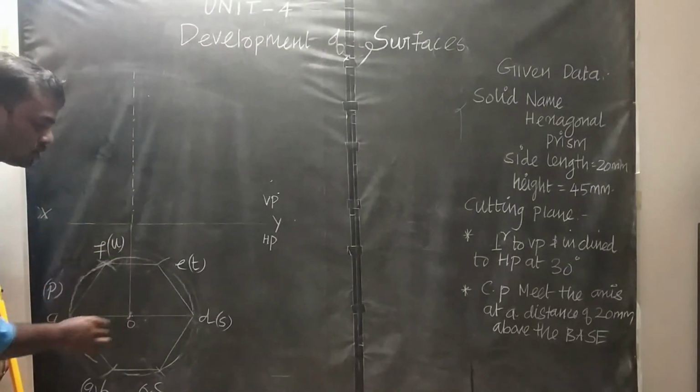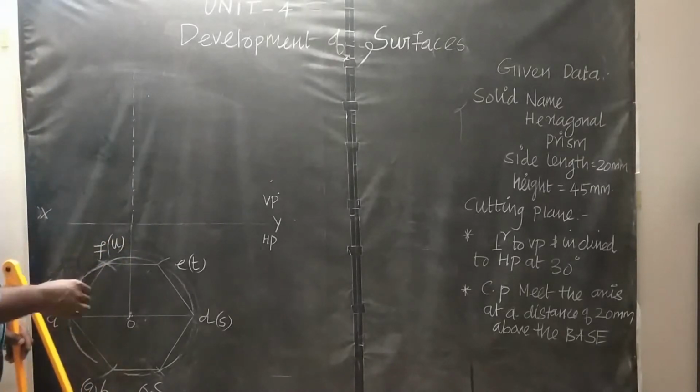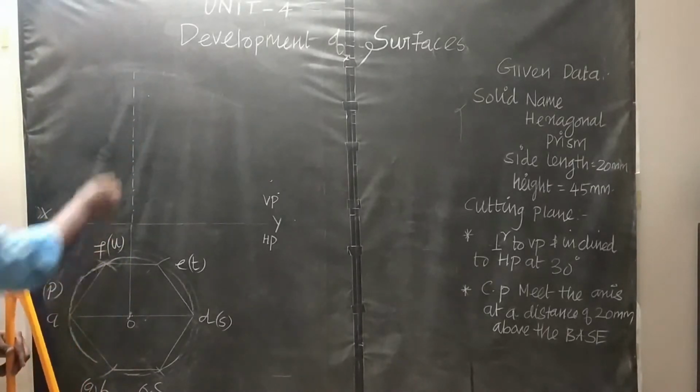Here I used a continuous thin line. Beyond that, I used a chain thin line to represent the axis. Like that, show the difference.